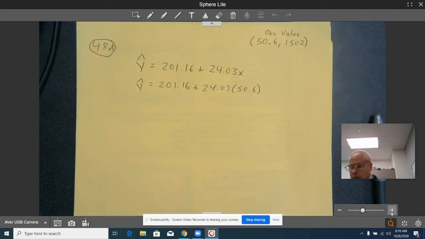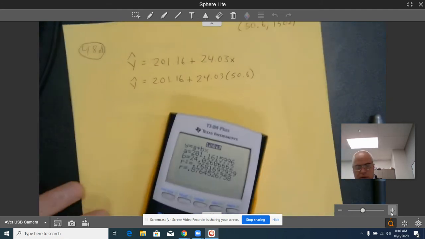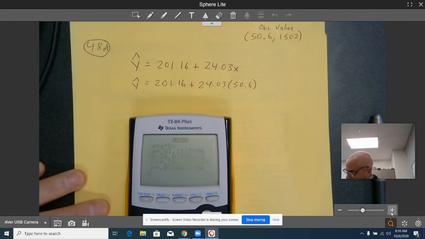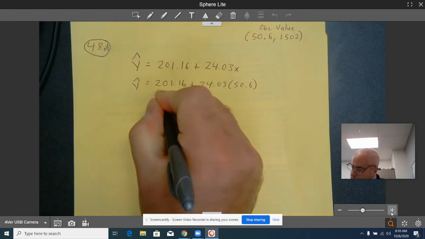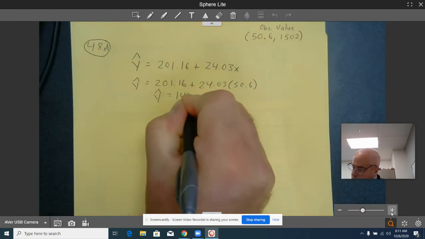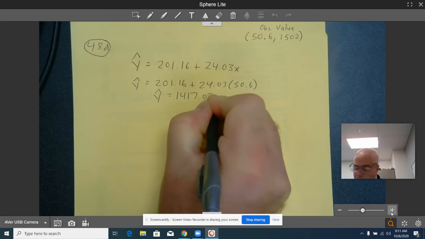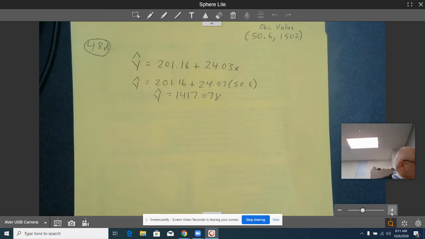I can show you, I don't need to keep it hidden: 201.16 plus 24.03 times 50.6, and I get 1417.078. Our predicted value is 1417.078.